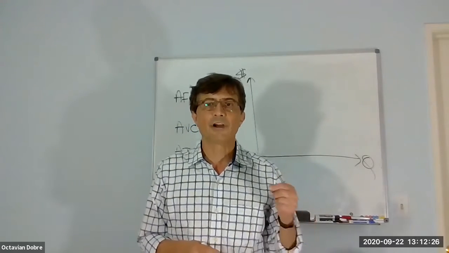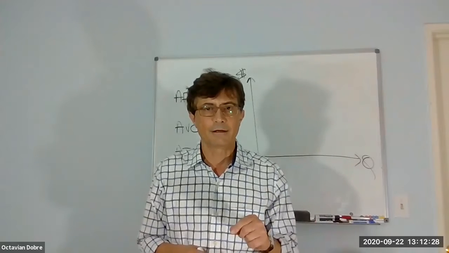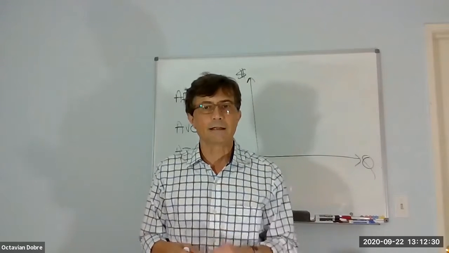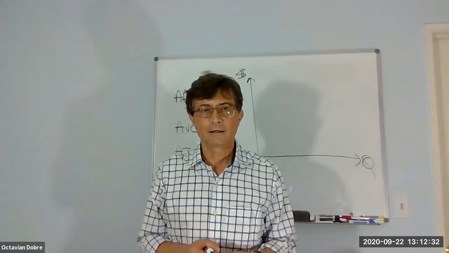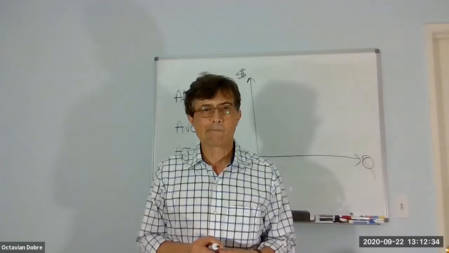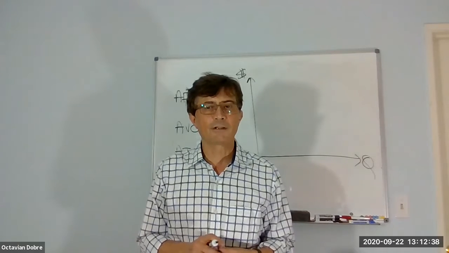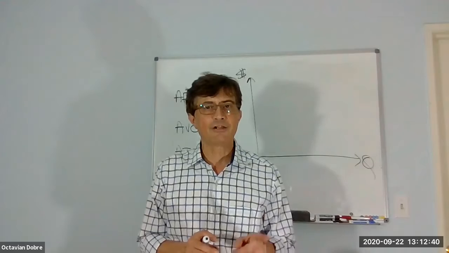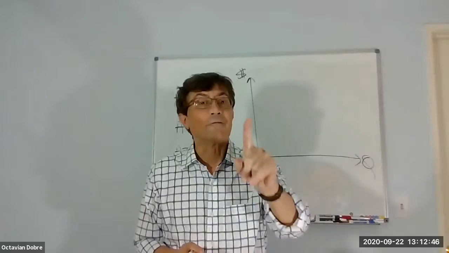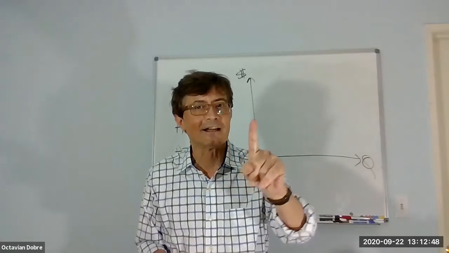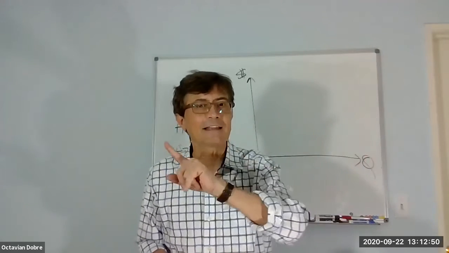What is the average fixed cost going to look like? Any ideas, folks? Is it a straight line up, or is it flat? The fixed cost is a straight line because it stays the same.